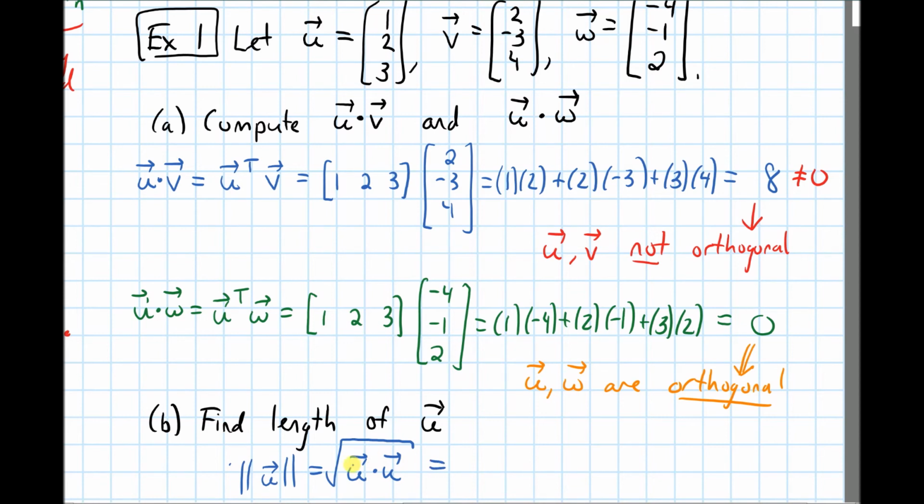So when we dot u with itself, we'll get 1 squared plus 2 squared plus 3 squared, and then we square root that. So we get 1 plus 4 plus 9, which is 14. So square root of 14. And that's how long the vector u is. We've determined its length.